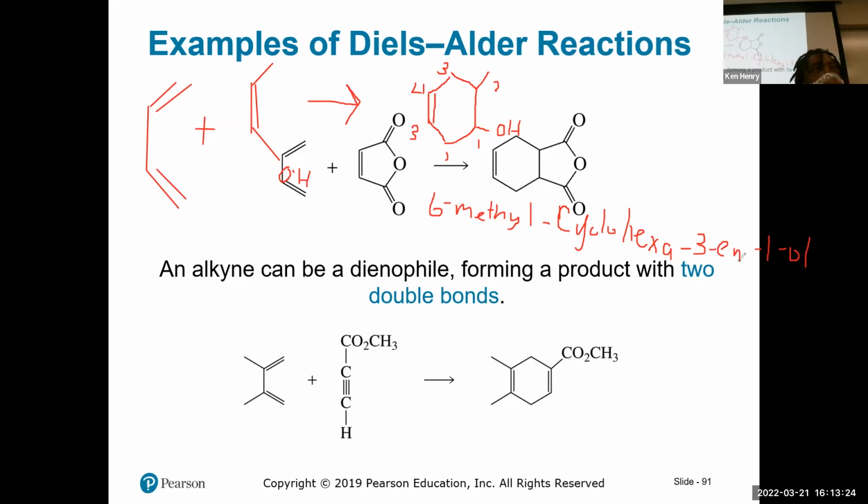If we didn't have a 3 here and we put EN there, then you wouldn't need the A. So now you guys know what Diels-Alder reactions are, right?